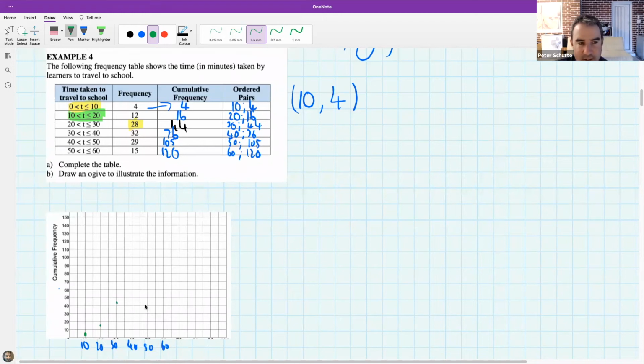Once you have completed your ogive or you've got as far as you can, will you just click done in the chat so I know where you are?